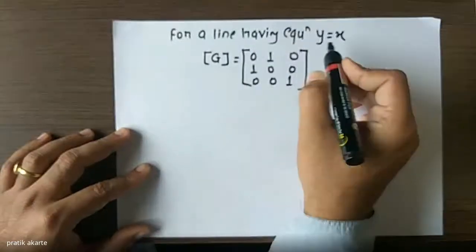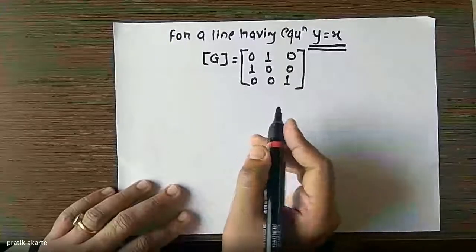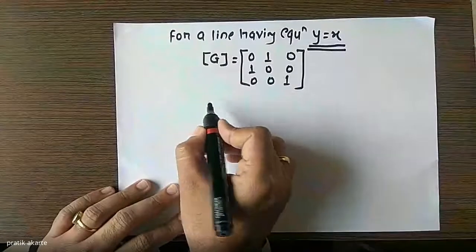So if you encounter the equation of the line as y is equal to x, you can directly write this equation. Now we'll write the triangle ABC.